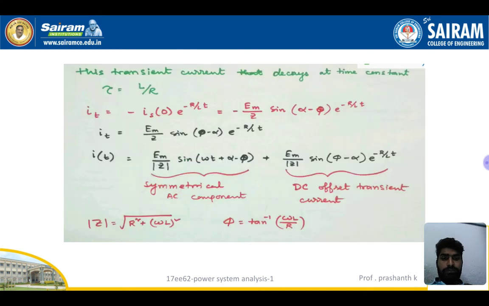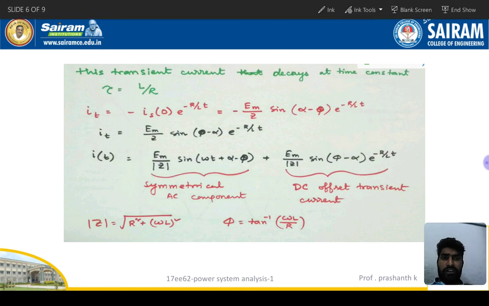While deriving the equation of i(t), the transient current decays at the time constant tau is equal to L by R. For the RC circuit, tau is equal to RC; for the RL circuit, tau is equal to L by R. I substitute i(t), I want to determine it, with 0 initial condition, e raised to minus (R by L) t.